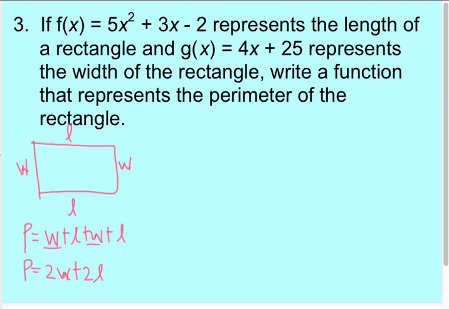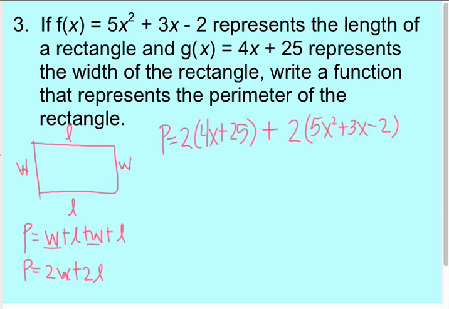So I'm going to go ahead and write that out. The perimeter will equal 2 times my width, and they said that g of x is my width, so 2 times 4x plus 25, plus 2 times the length, and they said the length is 5x squared plus 3x minus 2.